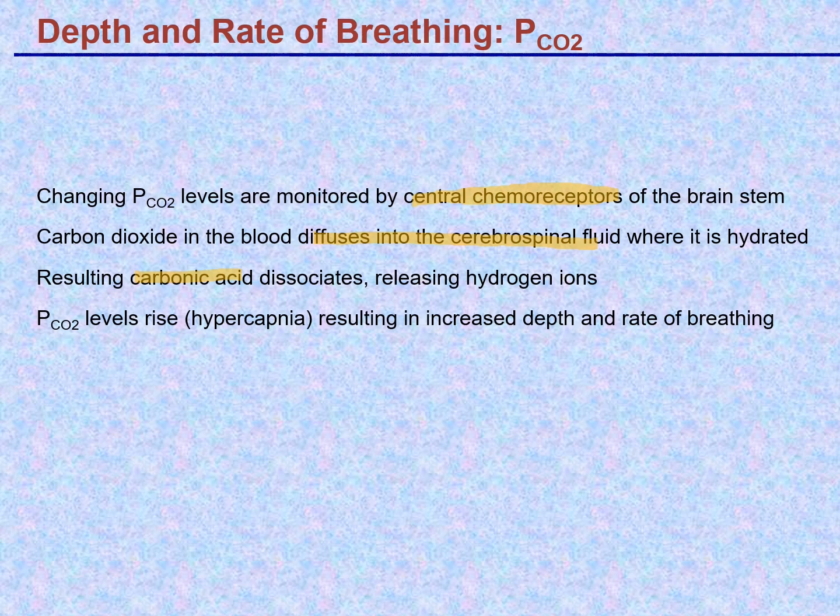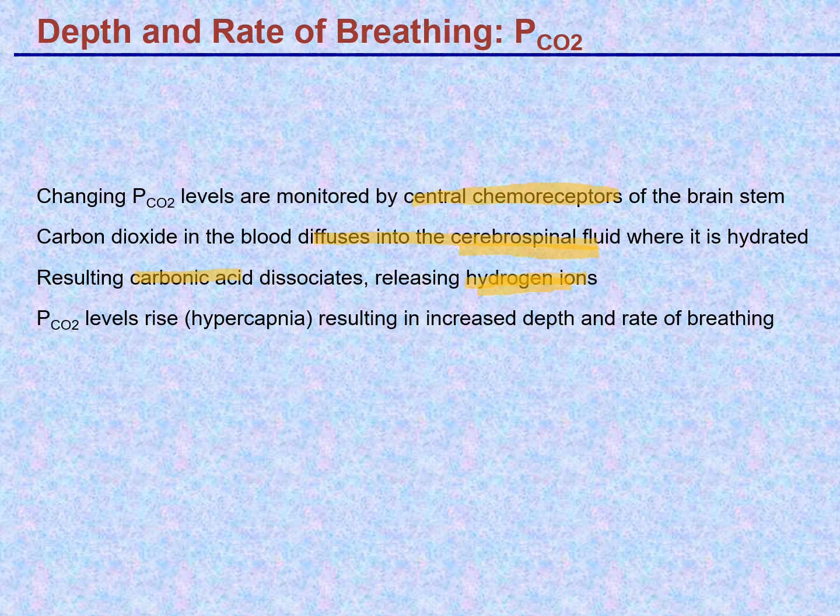So central chemoreceptors in the brainstem are surrounded by that CSF, in which you have the higher CO2. They're actually, I think, responding to the change in pH due to the hydrogen ions associated with that increased PCO2 level.